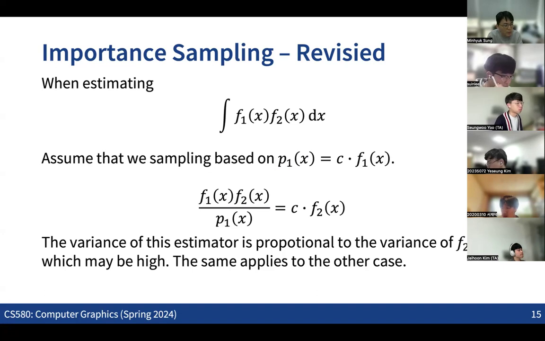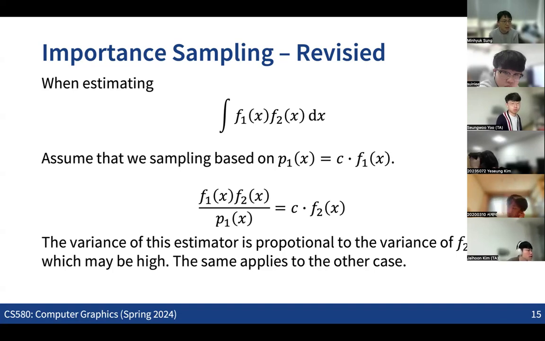Let's say we pick a sample distribution p1, which is proportional to f1. Even though in practical cases it is obviously not always possible to pick a probability distribution that is perfectly proportional to any function, let's assume that we can. Let's say we can find a probability density function perfectly proportional to one of the functions, f1 in this case.